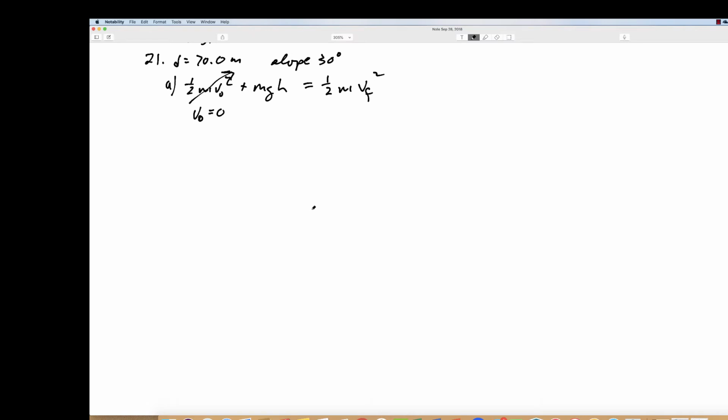We can get rid of the m's because they're on both sides of the equation. We solve this for vf, and we end up with the square root of 2gh in a situation where v0 is equal to 0. And that's going to be vf.